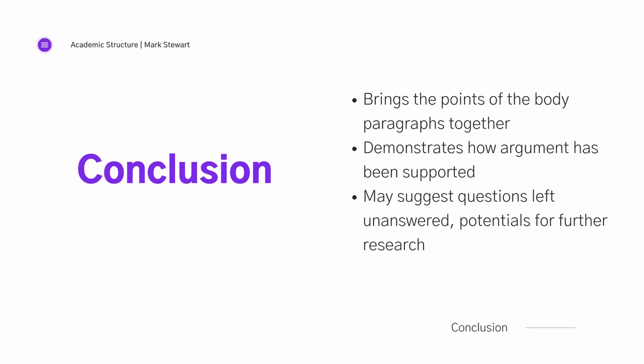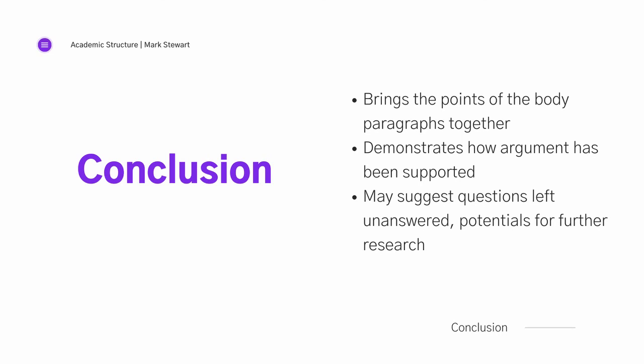So there are a couple of different things that a conclusion can do. It should bring the points of the body paragraphs together. You've been building and structuring an argument as you've gone through. And as I explained, every paragraph should make a single point. The conclusion is where you can draw these together.